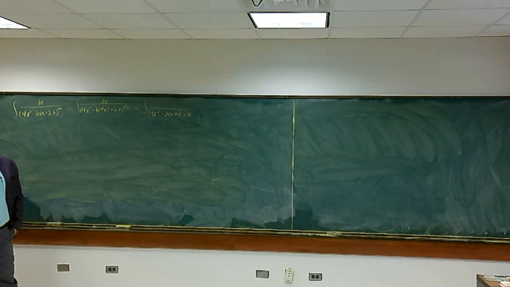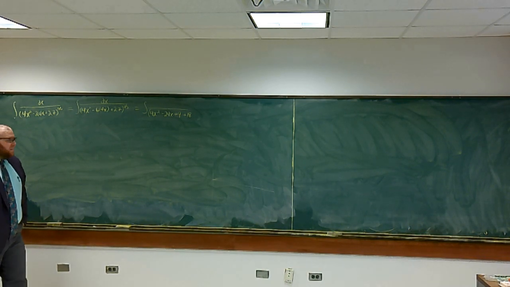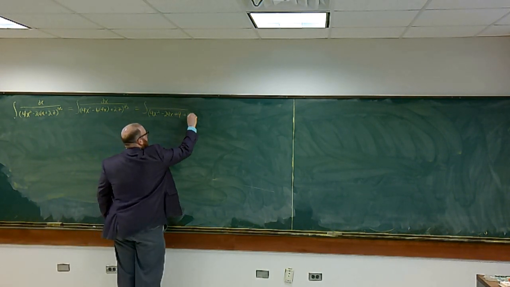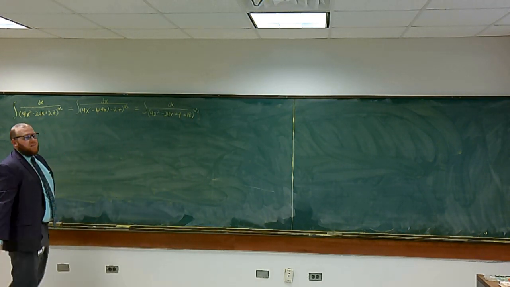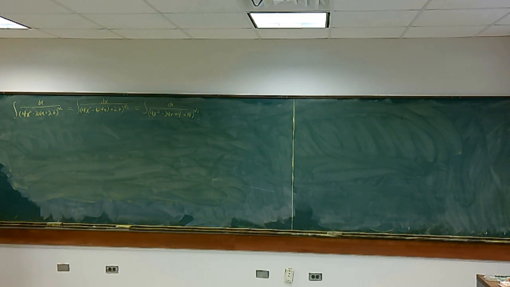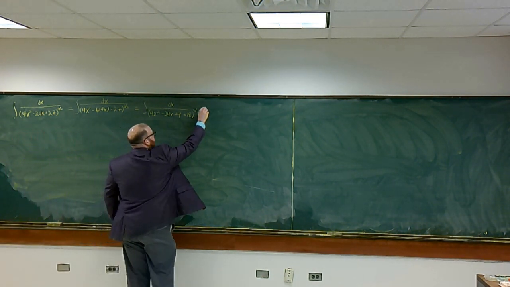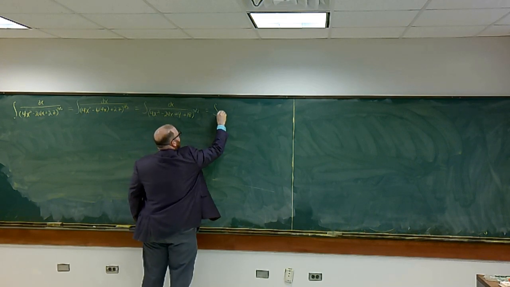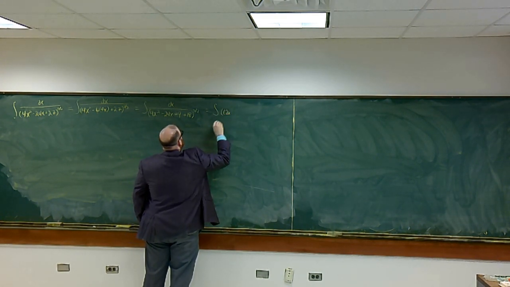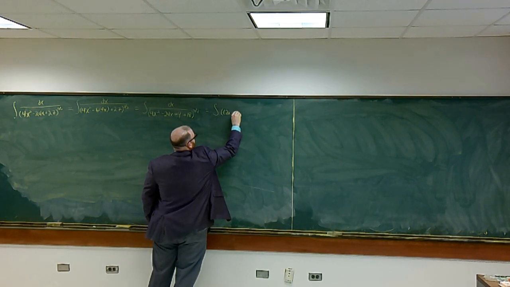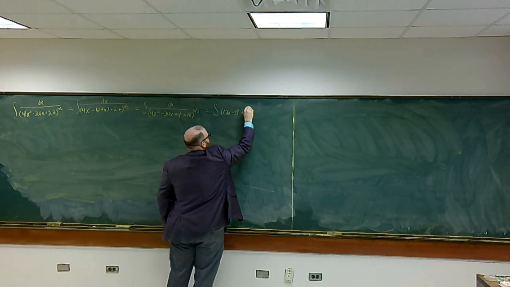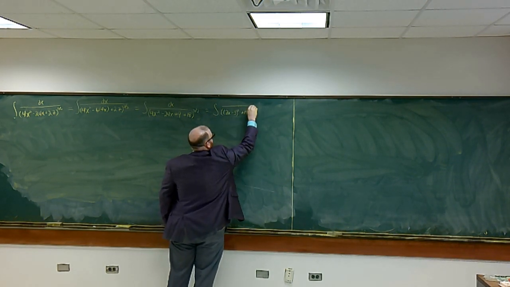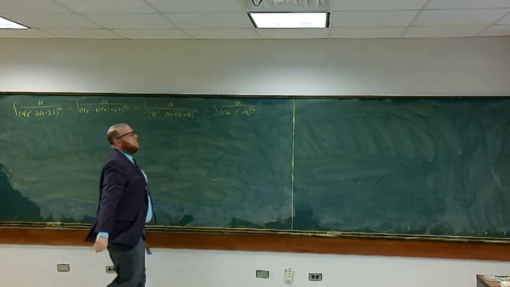Because 27 is 9 plus 18. That's what we're going to have.